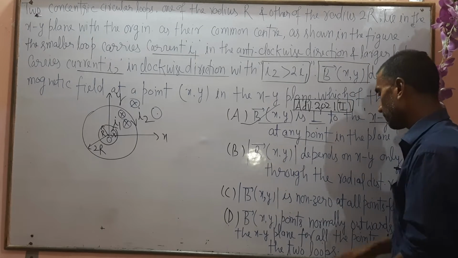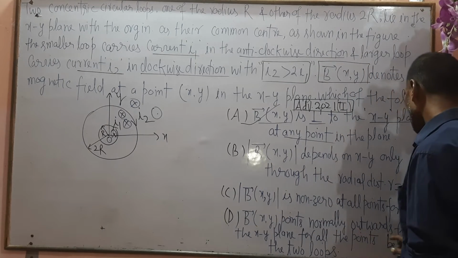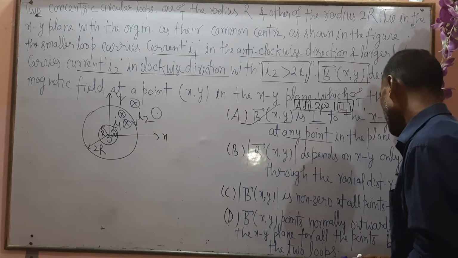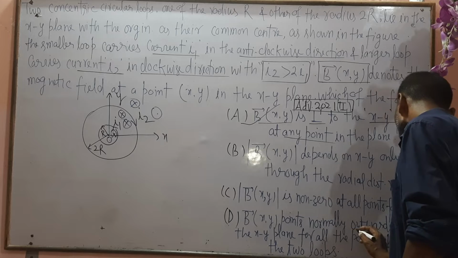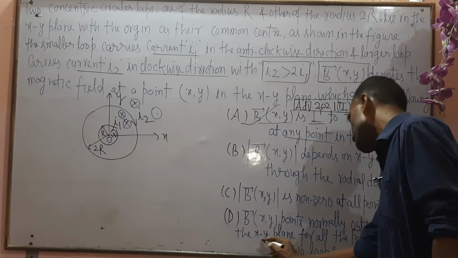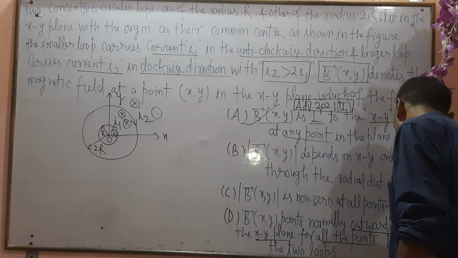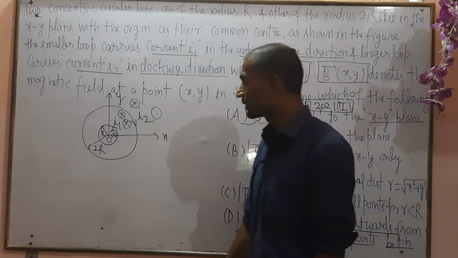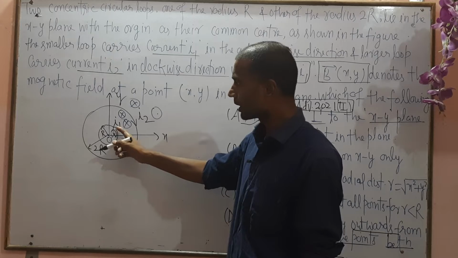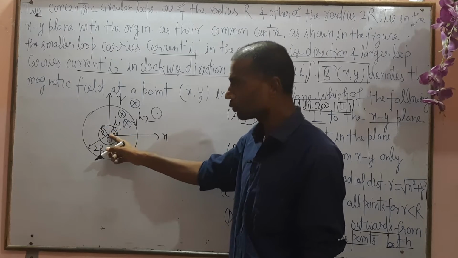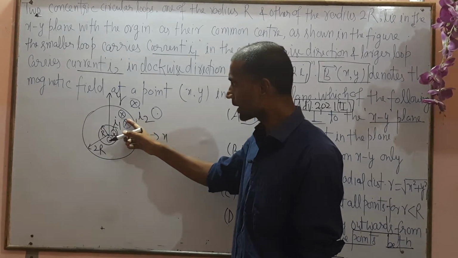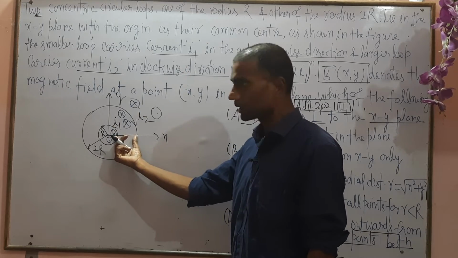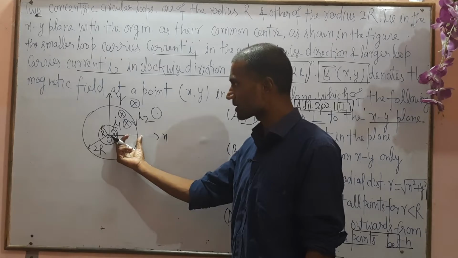B vector at xy points normally outward from the xy plane for all points between the two loops. Okay, between the two loops: this is inside the inner loop, this is outside the inner loop, and this is between the first and second loop.